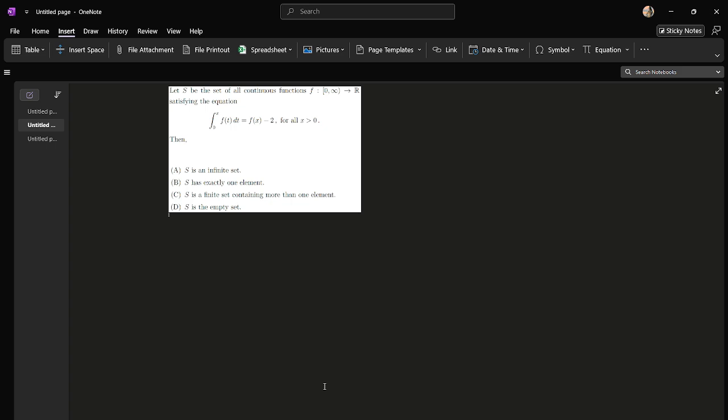So what can be done here? We are given the functional equation, integral 0 to x f(t) dt equals f(x) minus 2 for all positive x.